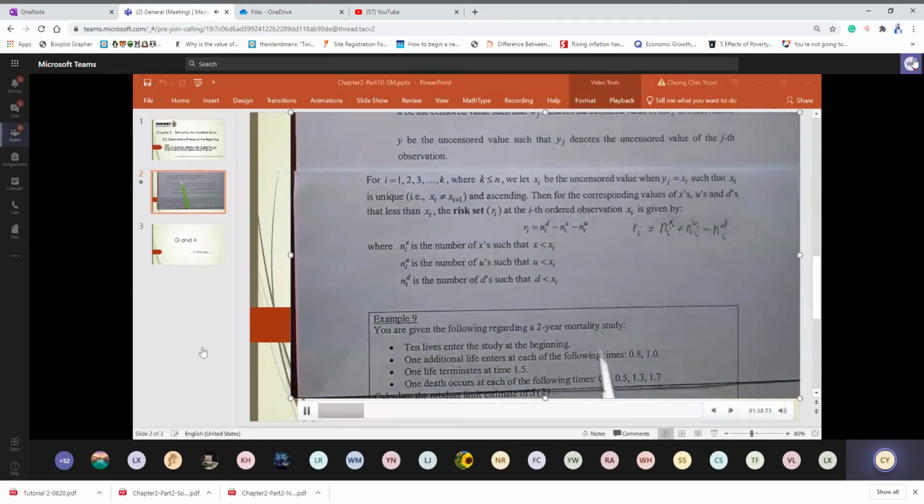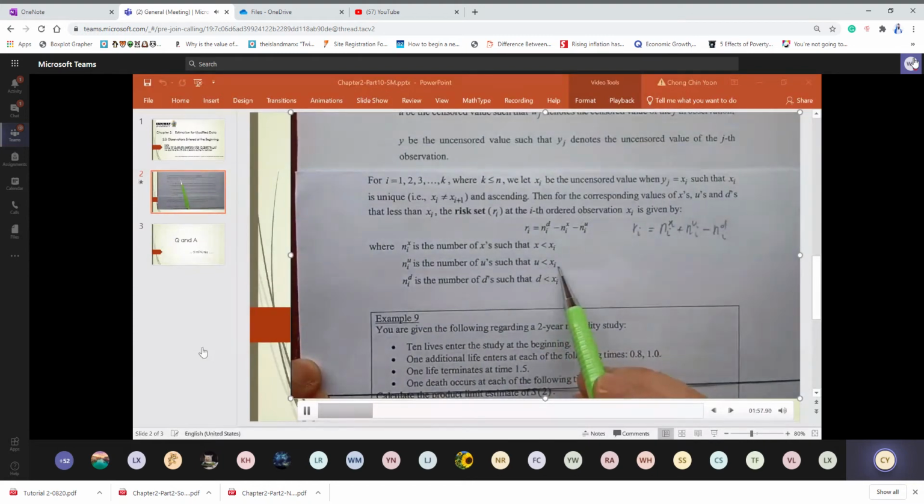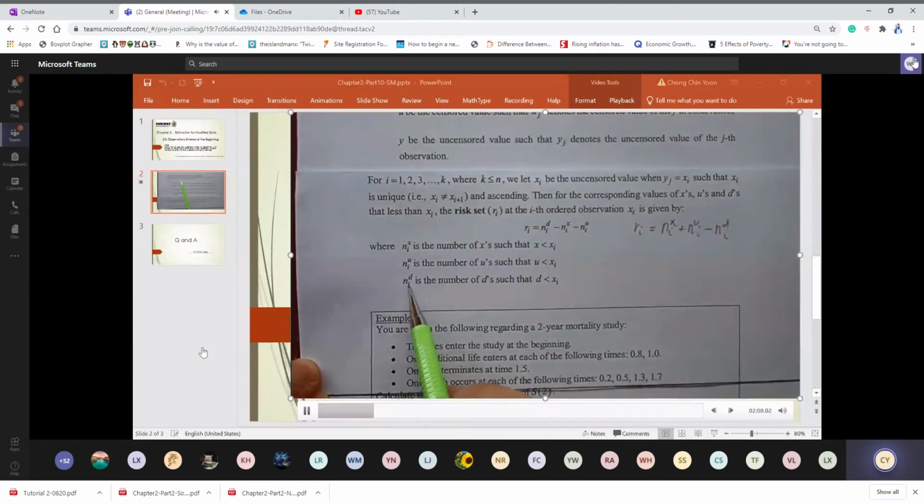With the following conditions: the conditional frequency of x is the number of x such that x is strictly less than xi. Previously our x was greater or equal to xi. And the conditional frequency of u is the number of u's strictly less than xi. And for the conditional d as well, the number of d's is always strictly less than xi.